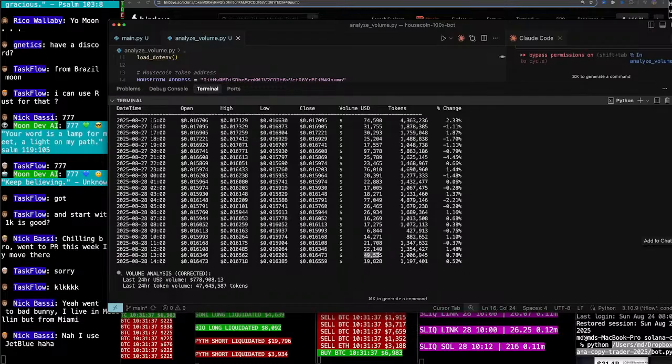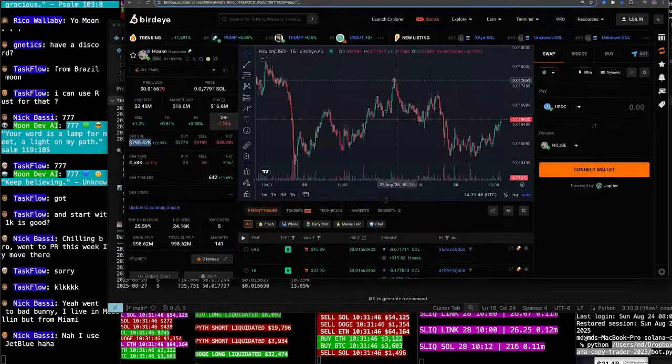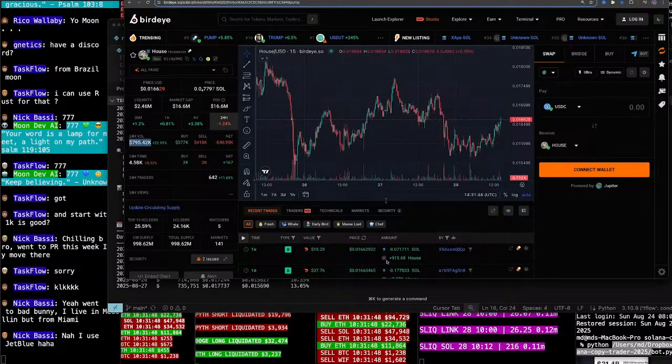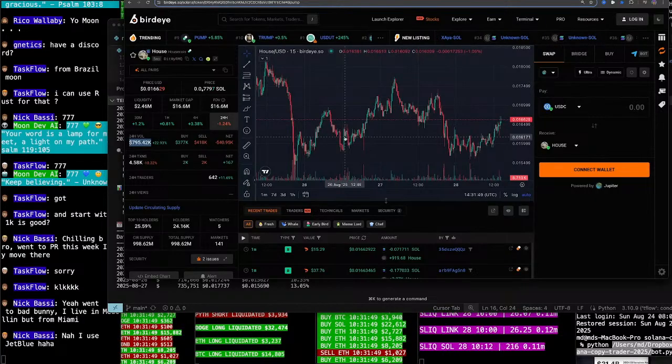I definitely want to be buying when the price is going down. Overall, the price has been going down, which is why I'm starting this spot now.